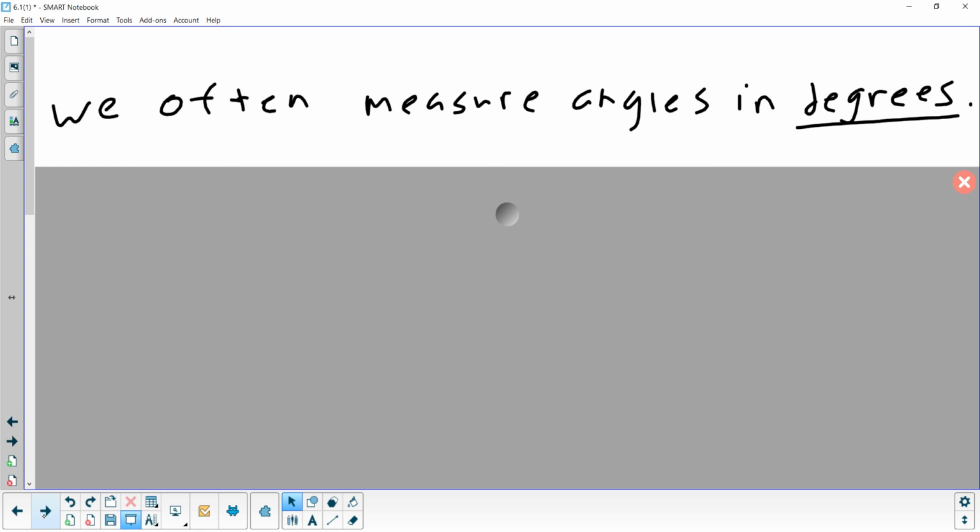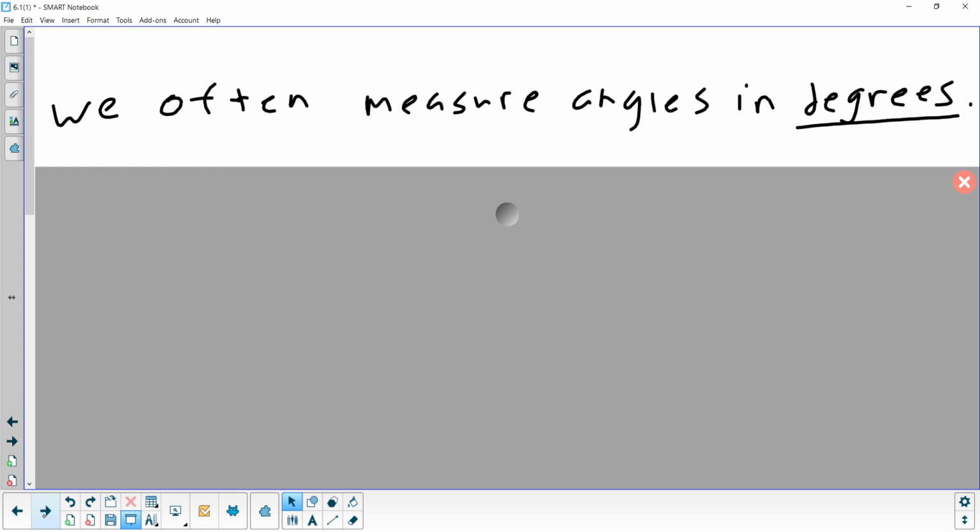All right, so let's talk a little bit about how we measure angles. Degrees is one unit that I think someone mentioned right away. And degrees is fine for measuring angles, but when you really start to get into calculus and doing a lot more with angles and differentiating and integrating with trig functions, we want to start using radians.